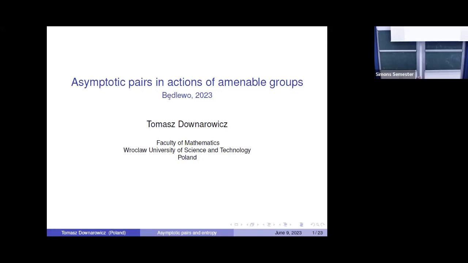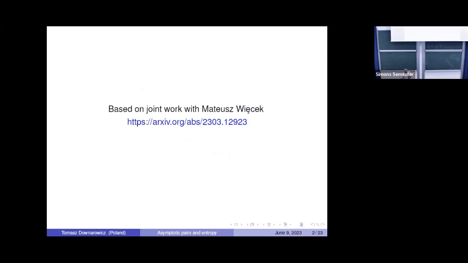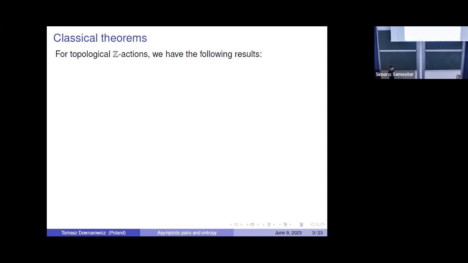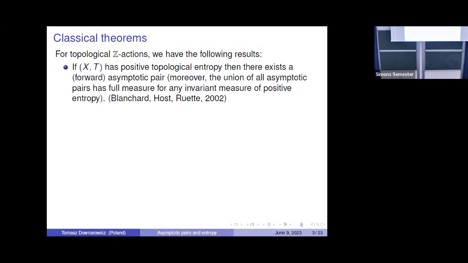This is based on joint work with my student Mateusz Więcek from Wrocław Technical University. Let's start. The motivation is a classical result, or two classical results, which are as follows.